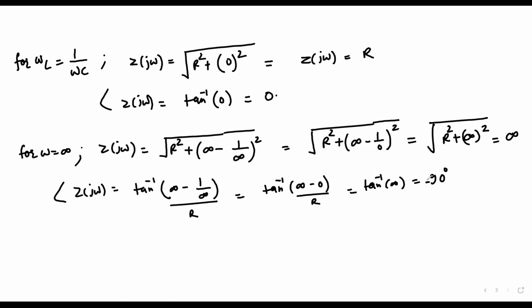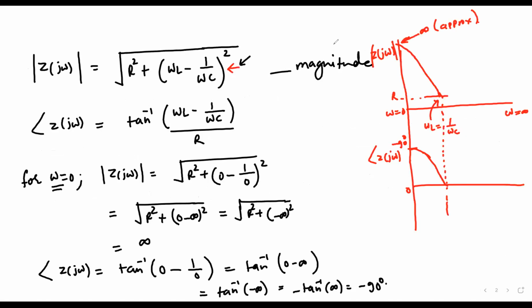Finally, it is plus 90 degree. So we can refer back to the figure and we see that the phase is going to plus 90 degree when the frequency is very, very large and the magnitude is going to infinite. Okay, so that's how the impedance plot looks like.